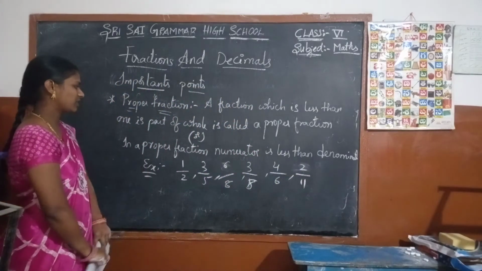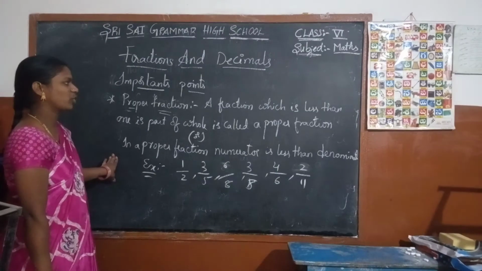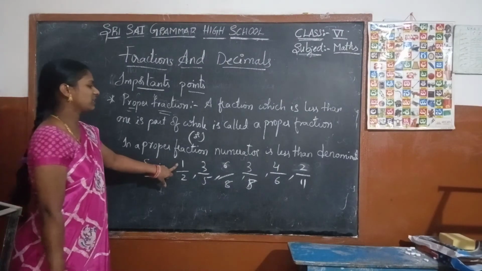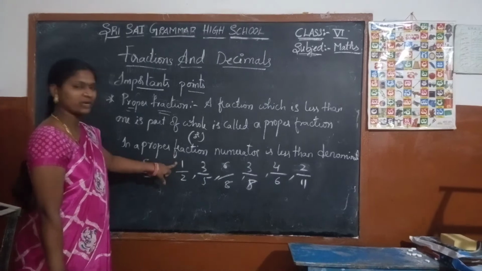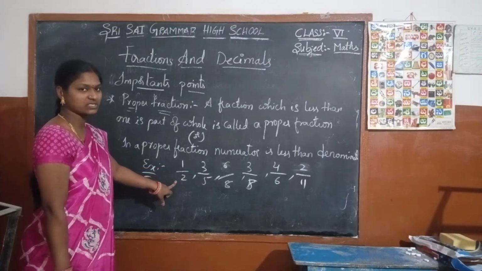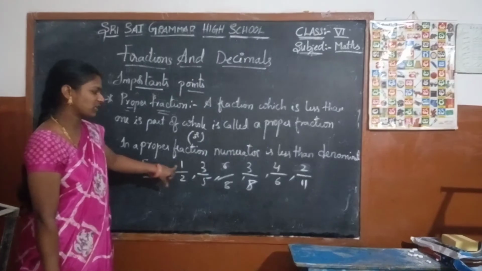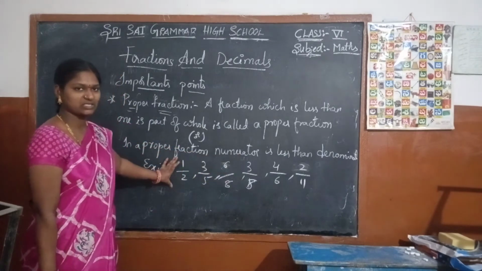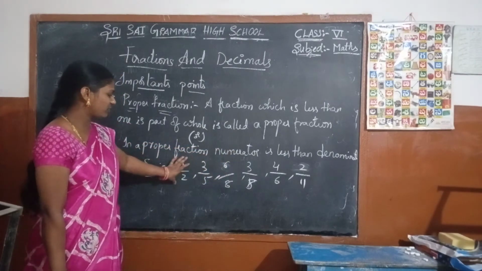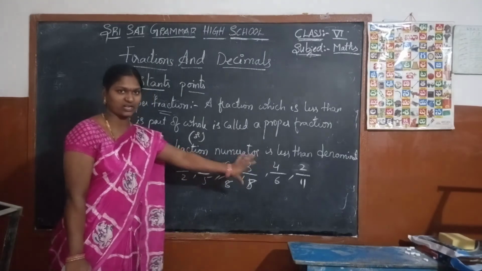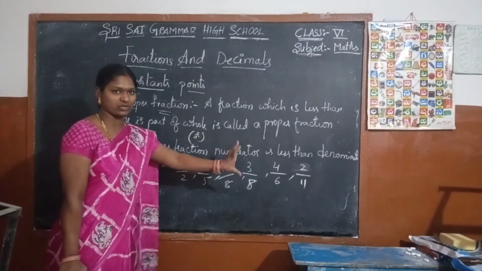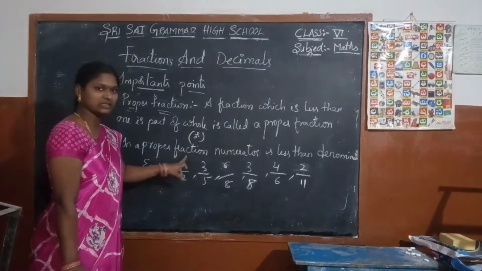Yes, these are some examples of the proper fraction. How? The numerator is always less than the denominator. Here the upper one is the numerator and the lower one is the denominator. So, can you observe the given examples, the given fractions? Every one is called a fraction, written in this type.